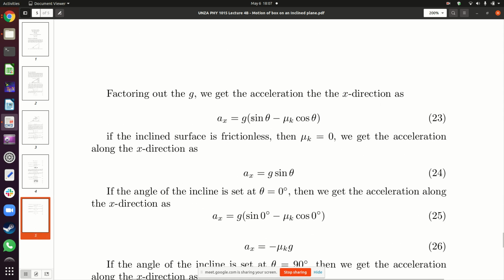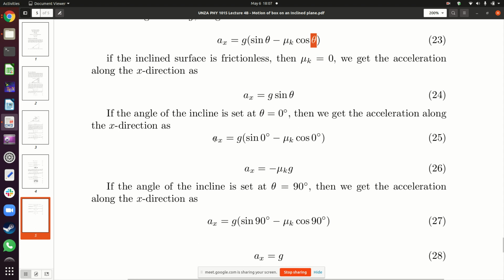So this expression of acceleration, when theta is equal to 0, here you put 0 degrees, there you put 0 degrees. So what you're going to end up having is ax is equal to g sine 0 degrees minus mu k cos 0 degrees. Sine 0 degrees is 0. Cos 0 degrees is 1. So this part here, 0 will disappear. This part here, cos 0 becomes 1.